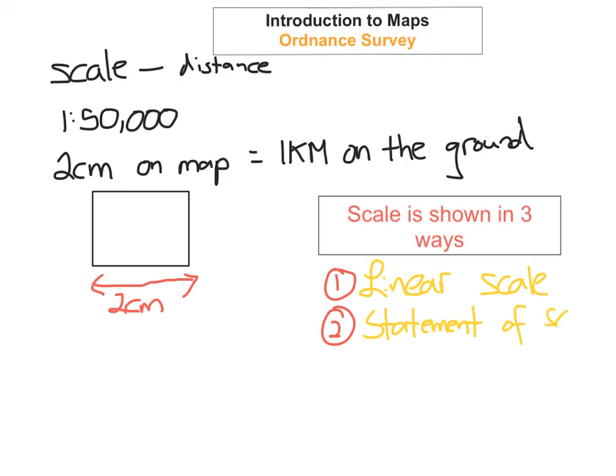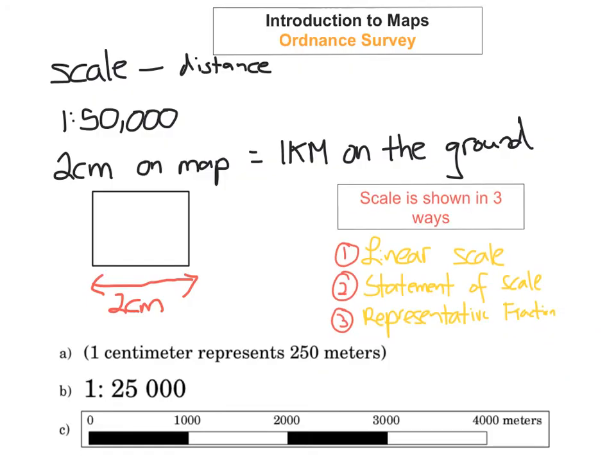And the third way is representative fraction. Okay, and below here you can see the 3 different ways. So A, B and C are the 3 different ways that scale can be shown on the map.